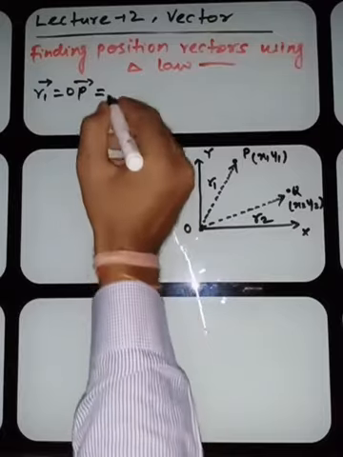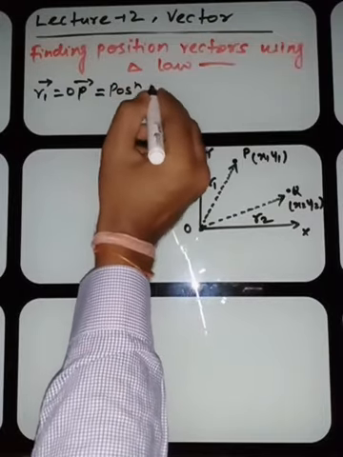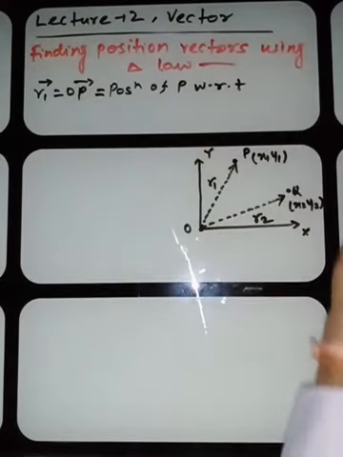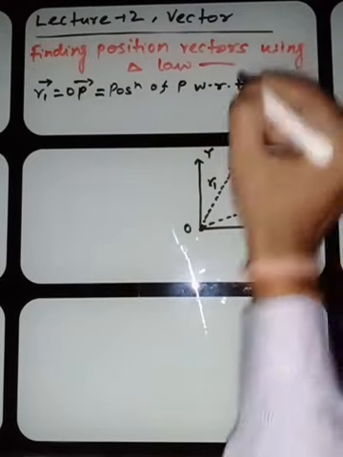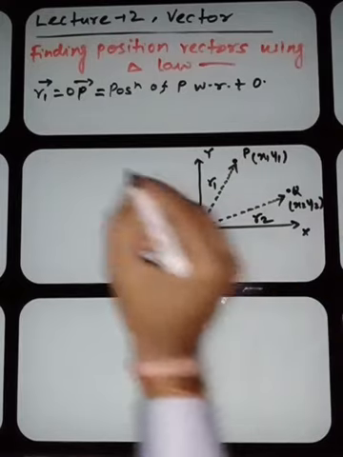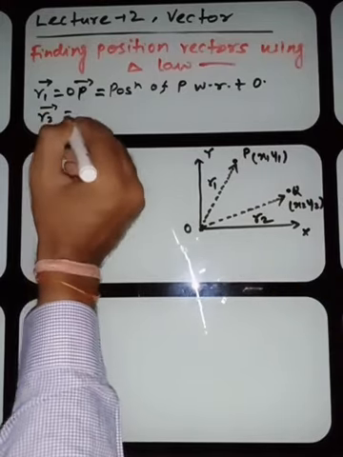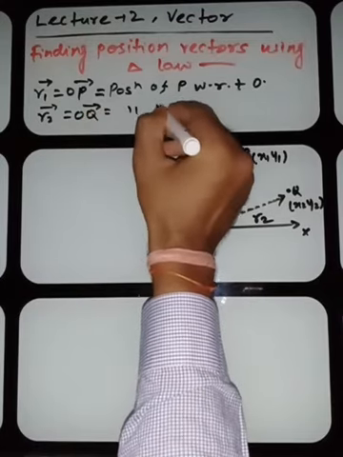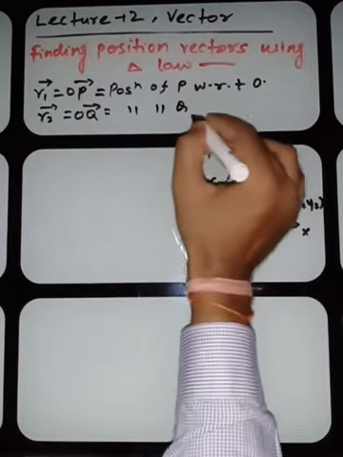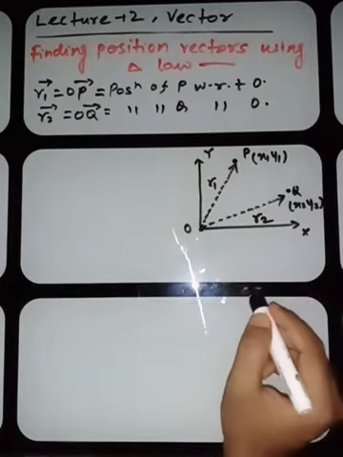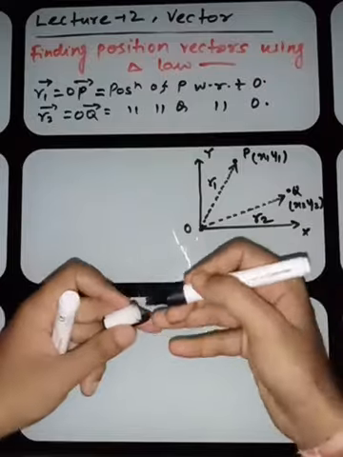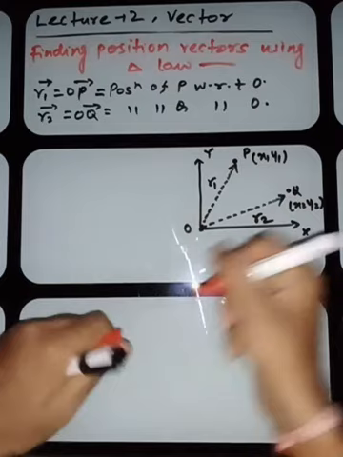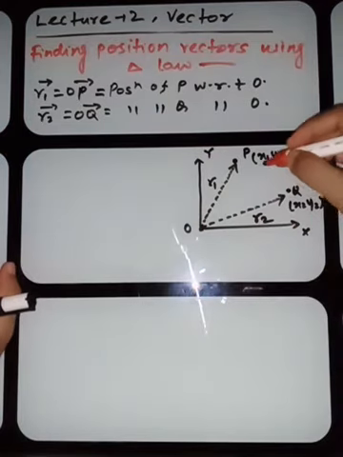From O. So you will write this as the position of P with respect to O. For R2, what will we write? R2 is OQ, and it is the position of which point? Q with respect to which one? O. Now I am going to draw a new vector here. You have to write by yourself which position it is giving and with respect to which point.